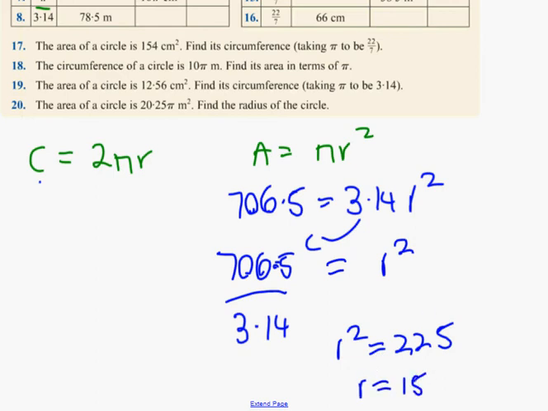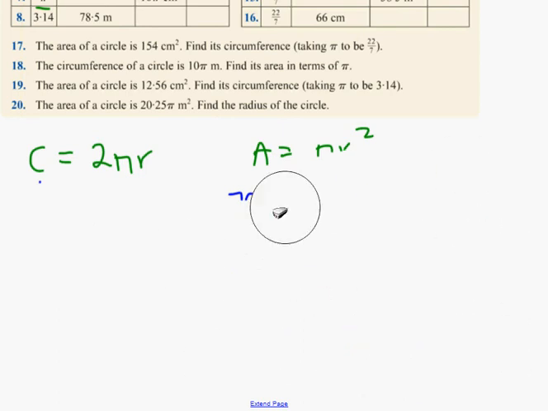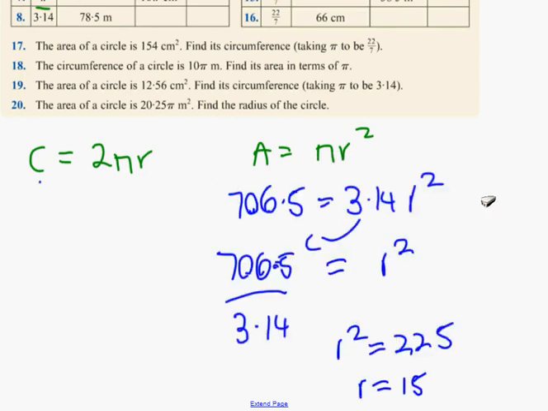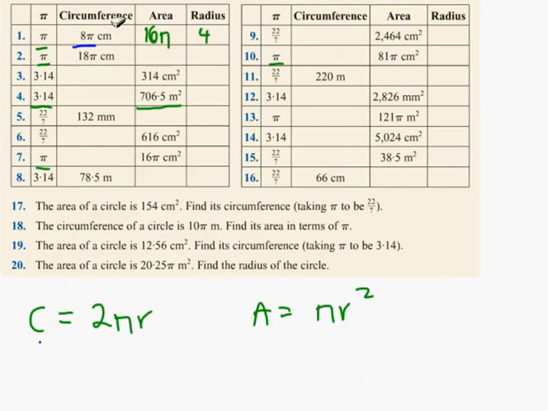Okay, let's try another one now. Once again, you always have your 2 formulas at the start. Let's try out number 7 as an example. Now, first of all, do we start off with the area formula or the circumference formula? Look at number 7. Do we know the circumference of the circle?